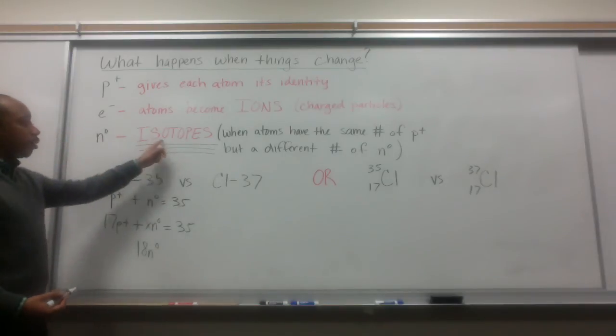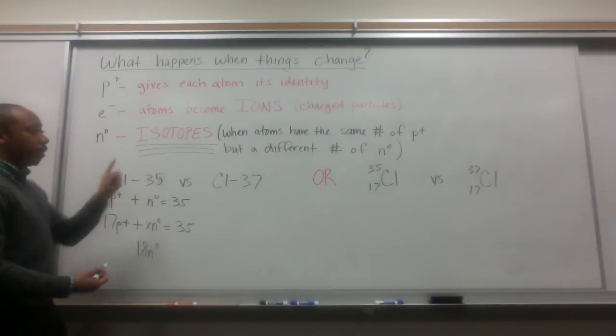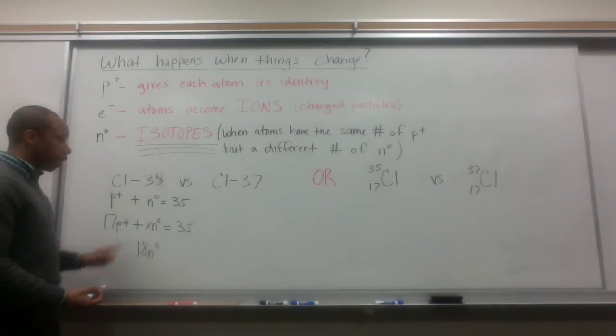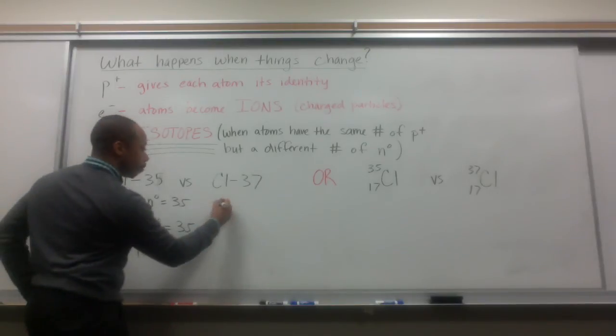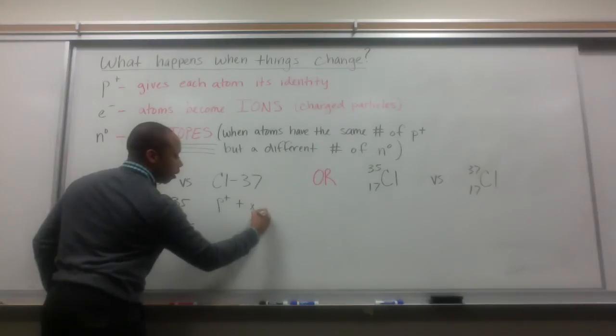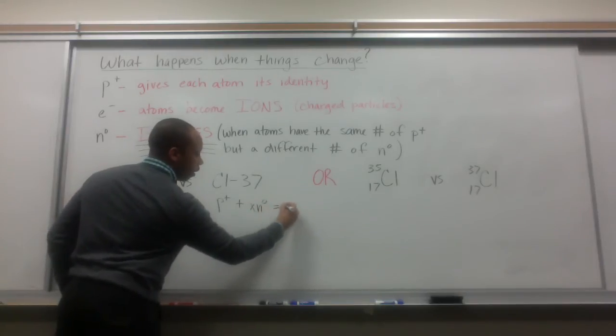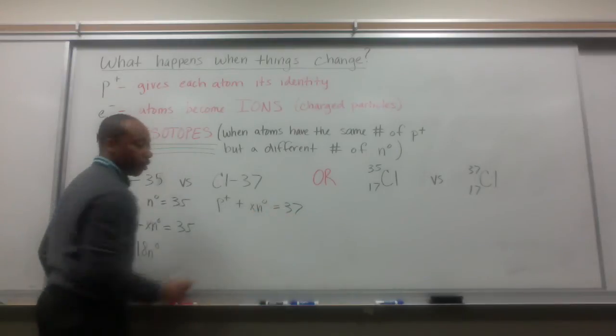We just said that isotopes are when atoms have the same number of protons, but a different number of neutrons. So let's look at this one over here, chlorine-37. That 37 is the mass number, and it says that protons plus neutrons should equal a mass of 37.